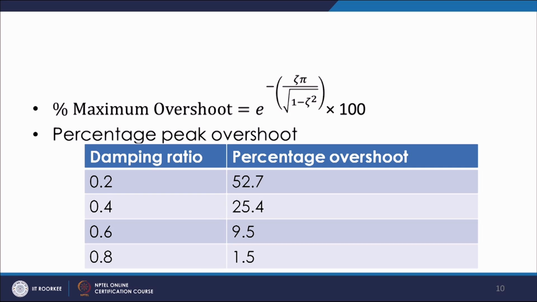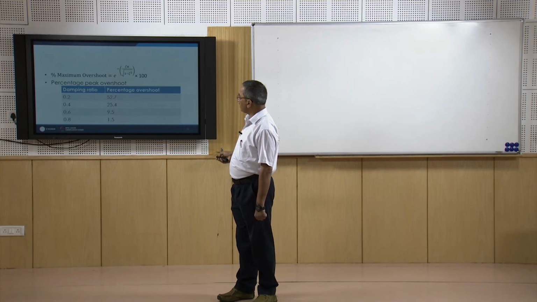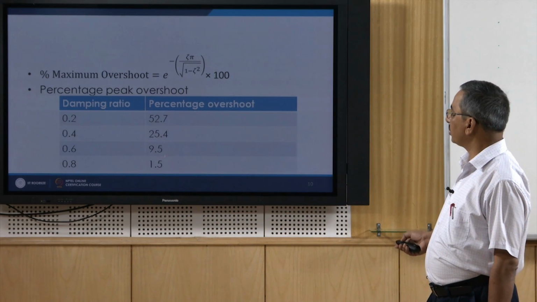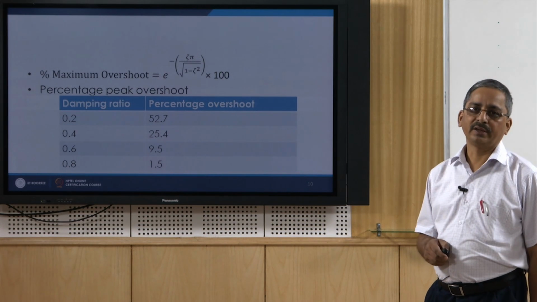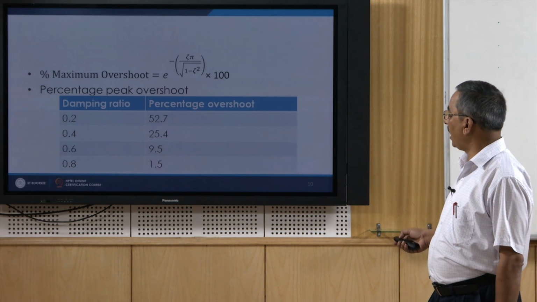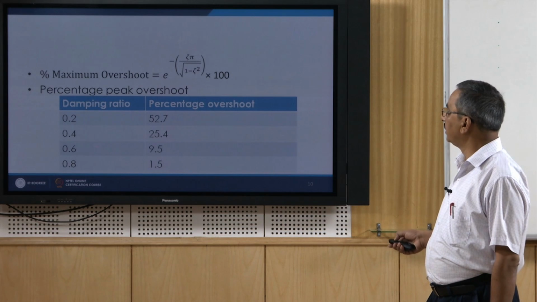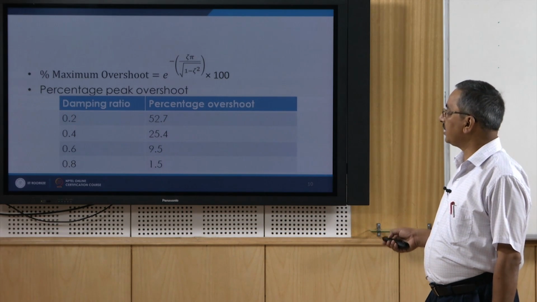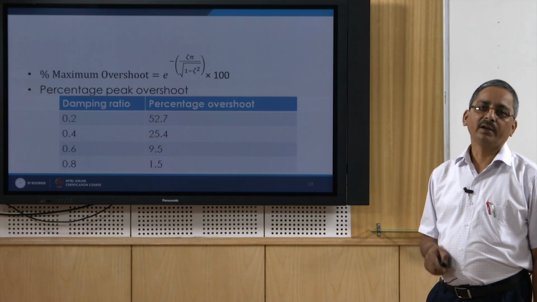For a damping ratio of 0.2, the percentage overshoot turns out to be 52.7; for 0.4 it is 25.4; for 0.6 it is 9.5; and for 0.8 it is 1.5. So as the damping ratio increases, the percentage overshoot decreases. This is how the system behaves with the change in the value of damping ratio.